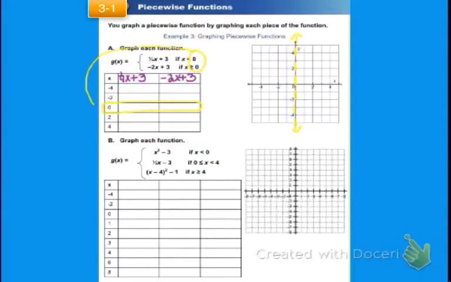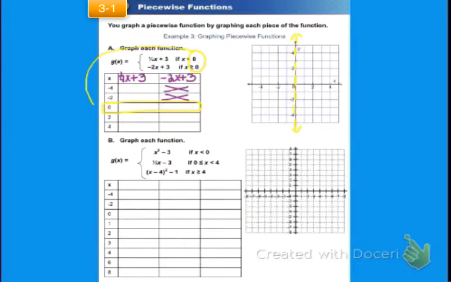Now see, if you look at this table, the values that I start to plug in at -4 and -2, I would only plug them into the 1/4 x plus 3, because they're in that interval where x is less than 0. So I would just cross out these spaces here, because I'm not going to plug -4 into -2x plus 3, because it's outside the interval.